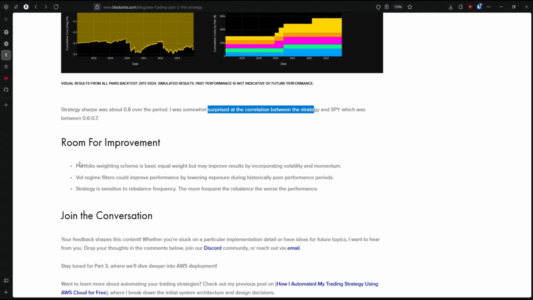this is what I would probably look into further researching. The portfolio weighting scheme is extremely basic, right? We're using equal weights, but it may improve by incorporating volatility and momentum into the weighting scheme.